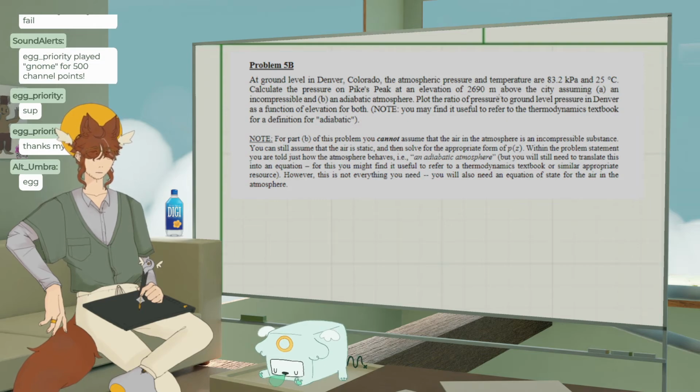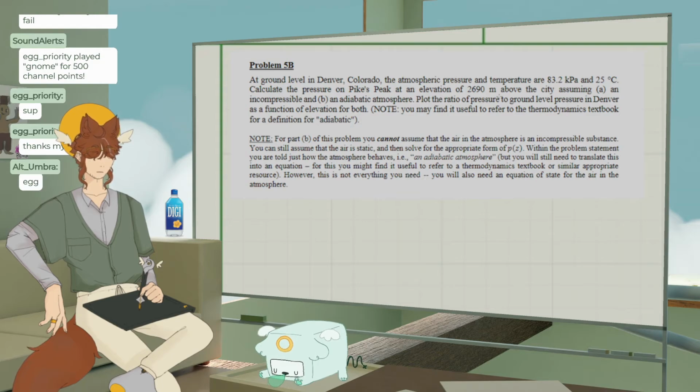Calculate the pressure on Pike's Peak. Wait, let me get some chocolate. At an elevation of 2690 above the city, assuming an... Okay.